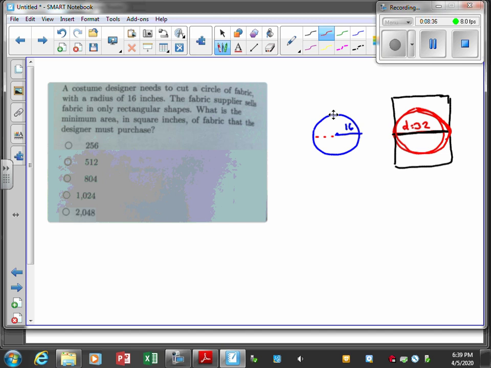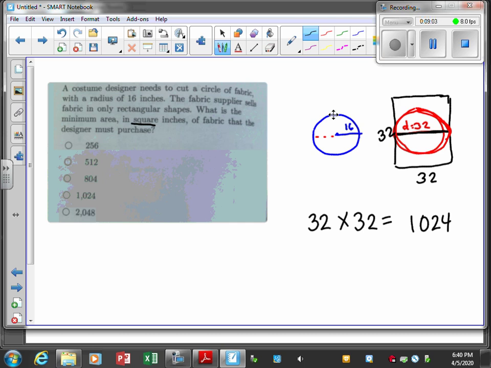So if the diameter is 32, then we have to have a square that's 32 by 32, because if it's square, all sides are the same. So area is length times width, or base times height, so it's going to be 32 times 32, which is 1024. So what's the minimum area? So that's the smallest piece.